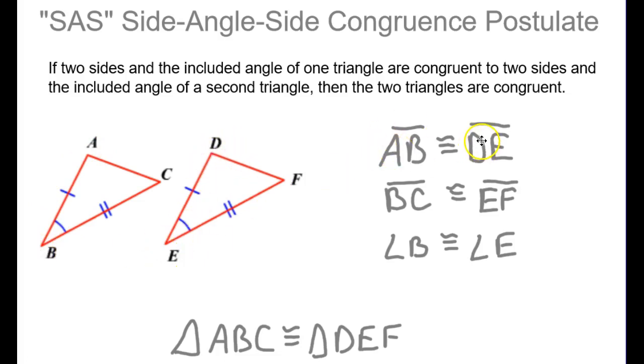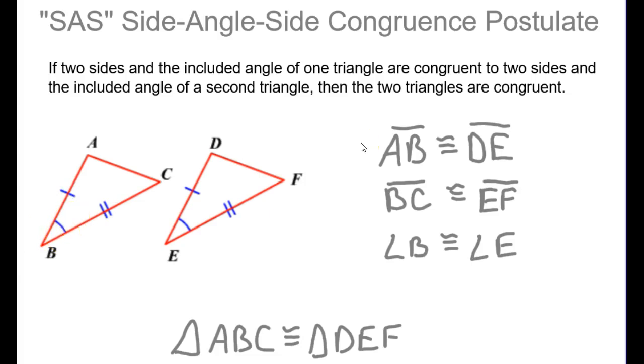We also know that BC is congruent to EF, and angle B is congruent to angle E. By included angle, we mean the angle that's formed between those 2 sides. So the vertex where these 2 sides meet is the included angle.